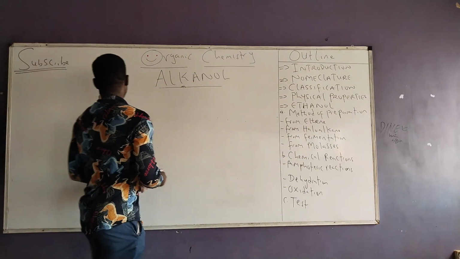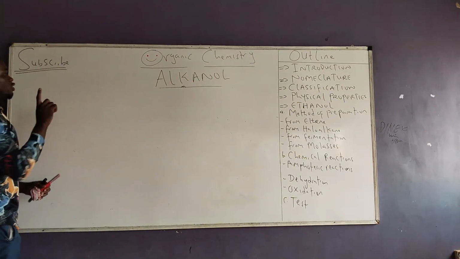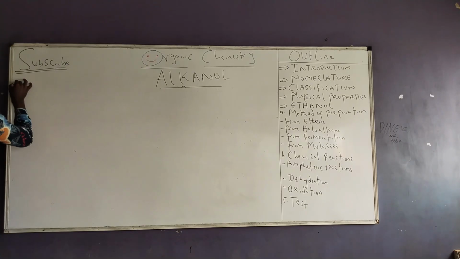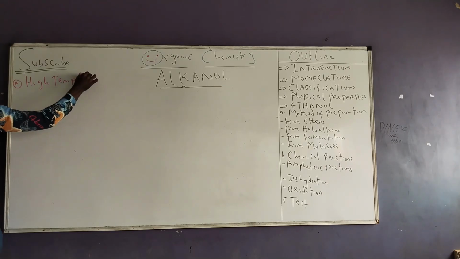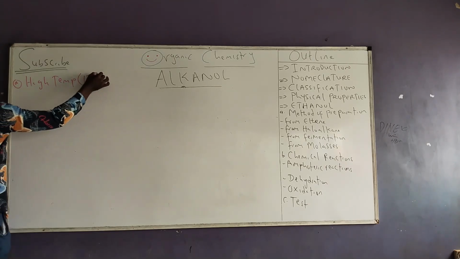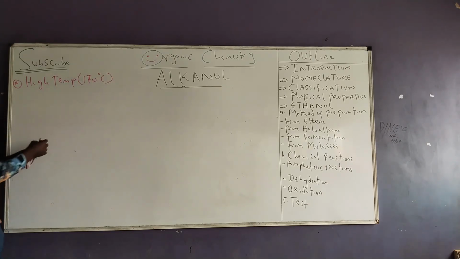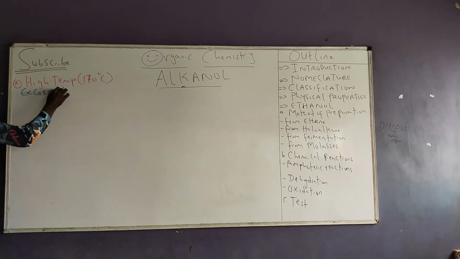What do I mean? So with H2SO4, I can have two different conditions. The first condition is high temperature, as a matter of fact, roughly around 170 to 175 degrees Celsius, and in the presence of excess acid, so excess H2SO4.